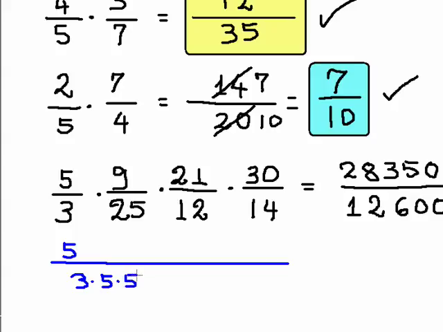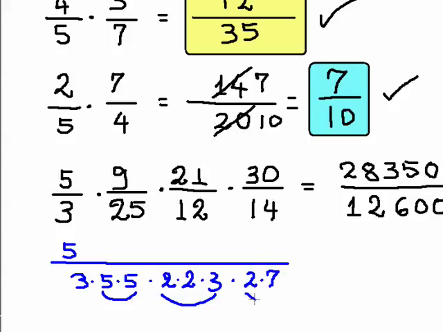For example, instead of the 25 at the denominator, I will write 5 times 5. Instead of the 12, I will write the prime factorization of 12, that is 2 times 2 times 3. And instead of the 14, I will write 2 times 7.